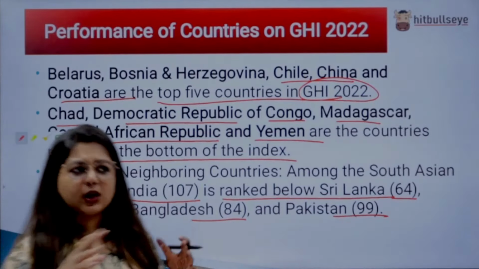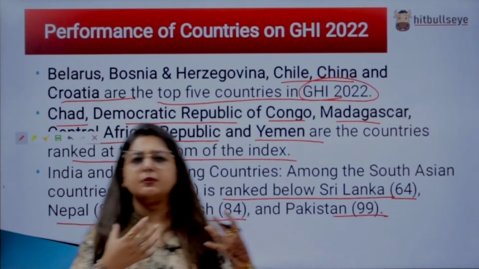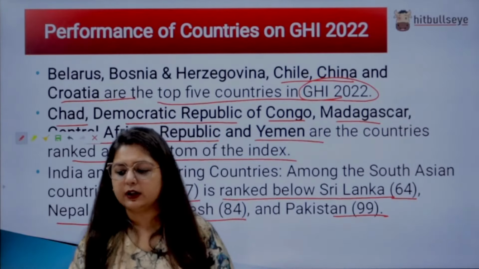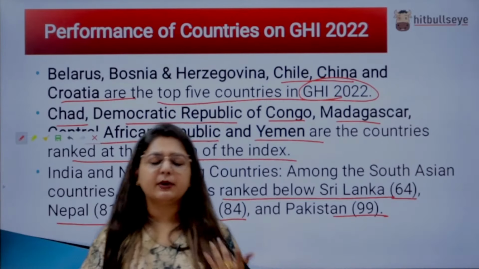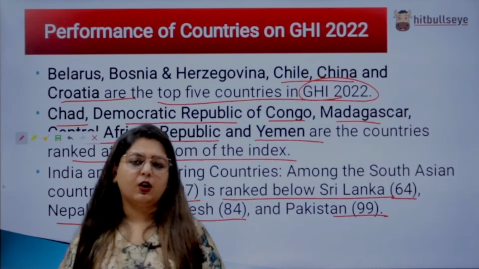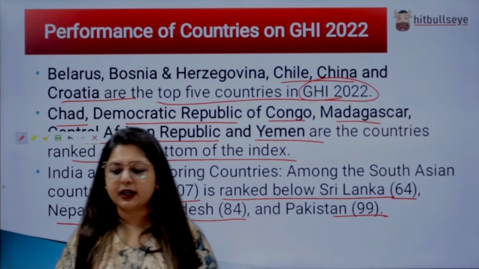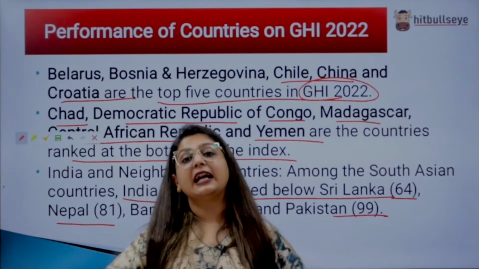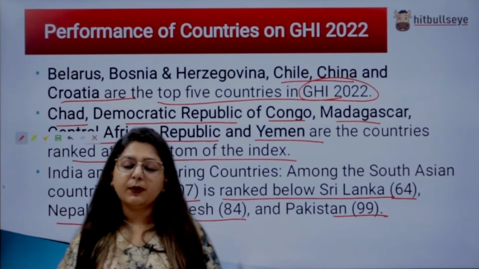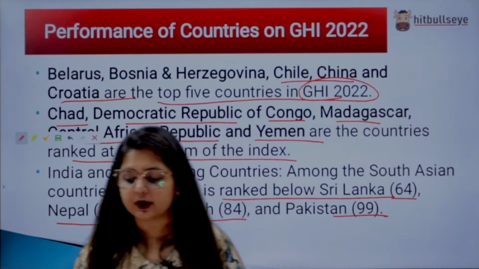Okay, so the plausible causes of the increasing hunger in the world are definitely climate change, the COVID-19 pandemic, the economic fallout of the COVID-19 pandemic, and then the Russia-Ukraine war, which is another event adding to the poor performance in the socio-economic indicators.